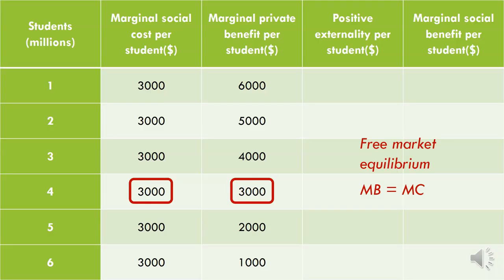And the marginal cost curve, which would be a horizontal line at 3,000. Okay, so we can see that the point of intersection between those two curves, if you can imagine that, would be at 4 million students. So that would be the number of students who would be educated in this free market story.